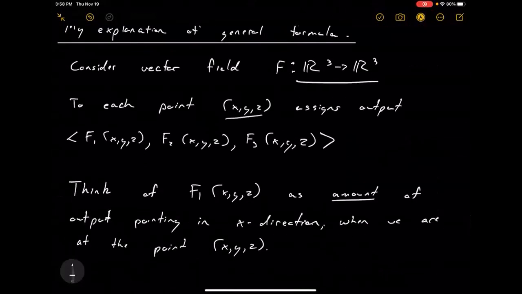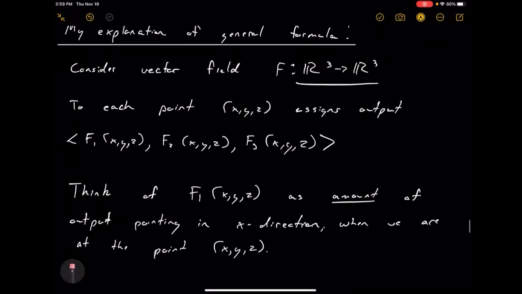Now what's going on? For each point x, y, z, we plug it into our function and we get a vector output: F1(x, y, z), F2(x, y, z), F3(x, y, z), right?